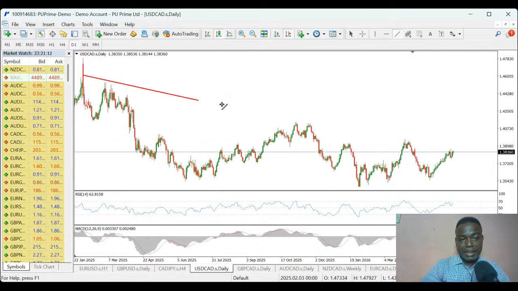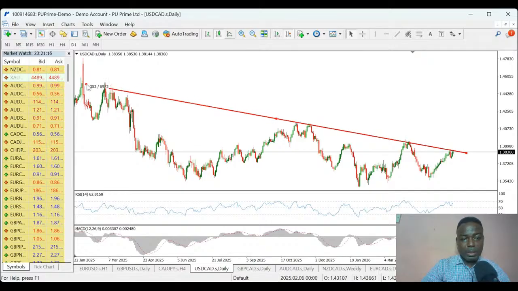Okay, I'll draw the trend line again. We have an overall bearish trend on the USD CAD. Here you can actually see price touching a series of lower highs, and in recent time price also touched a lower high.